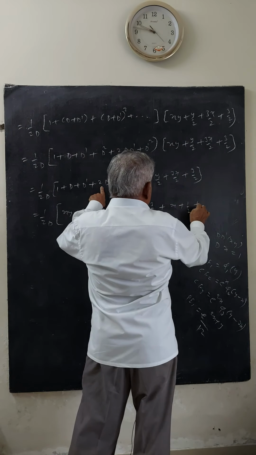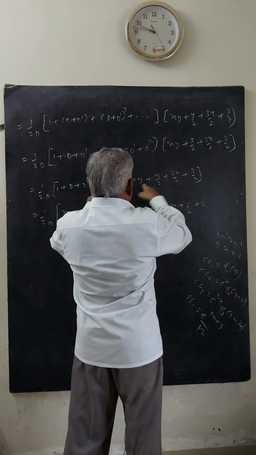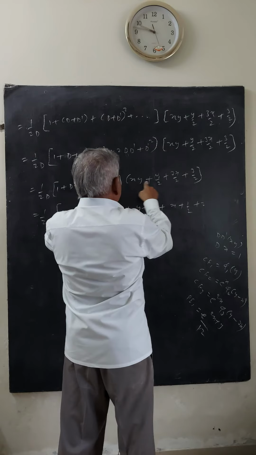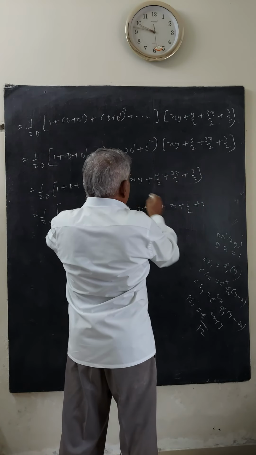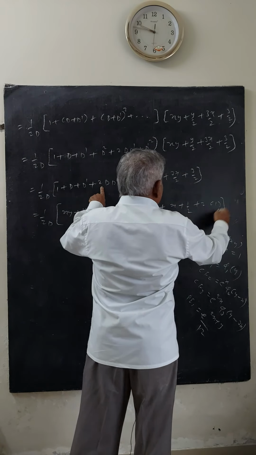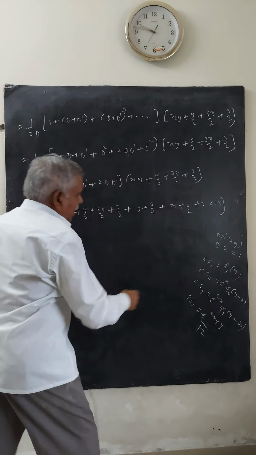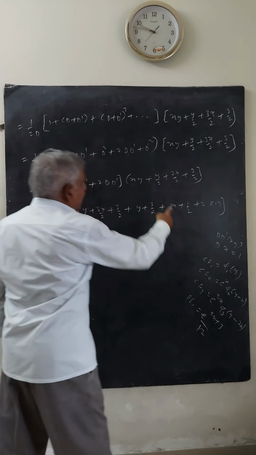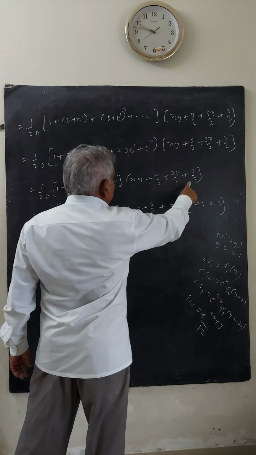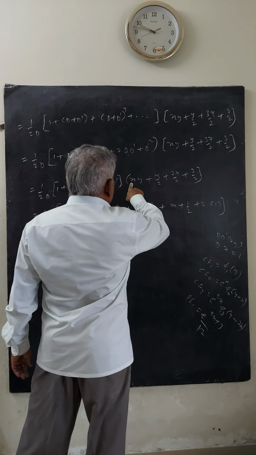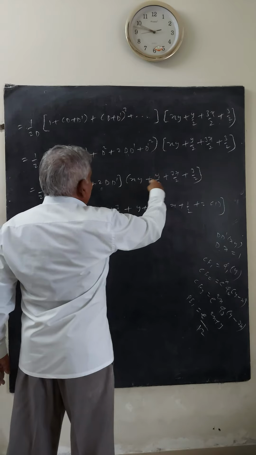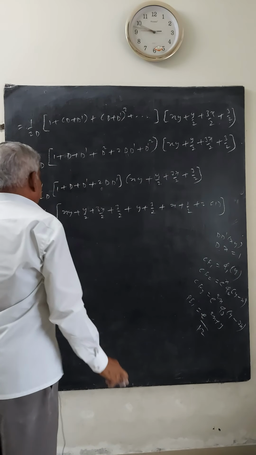2D dash of xy. D dash for all this is 0, but xy only becomes 1. Just I have written already, D dash is 1. D dash is 1. 2 of D dash what? Here 1. Remaining will become 0.